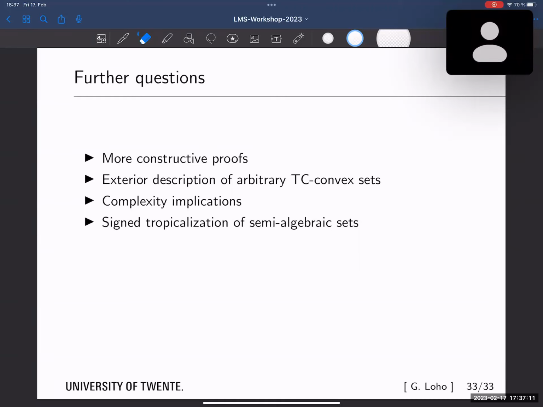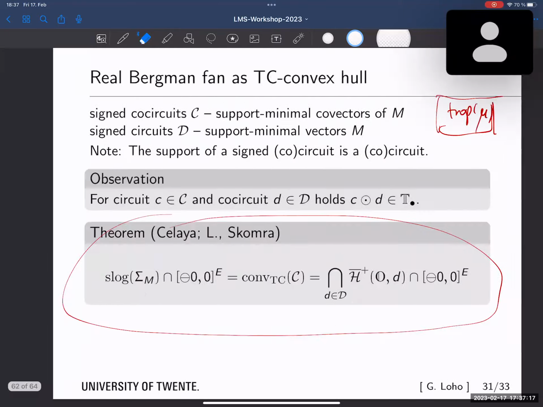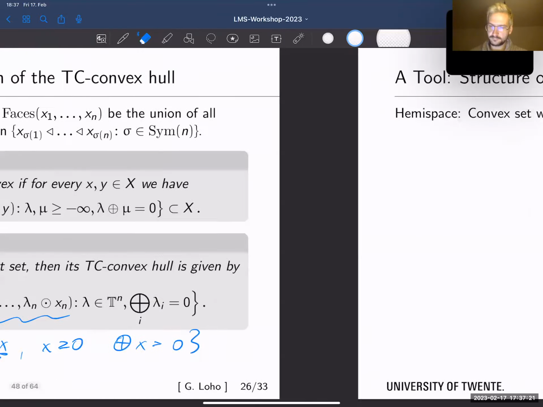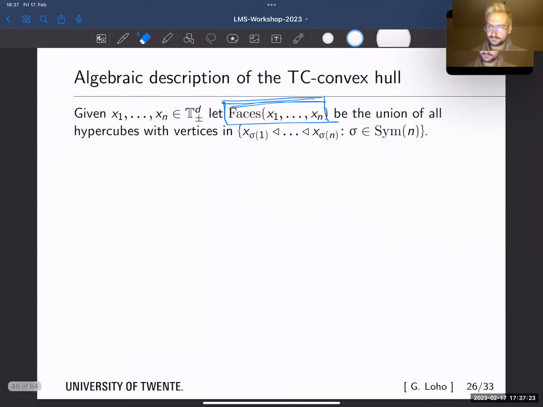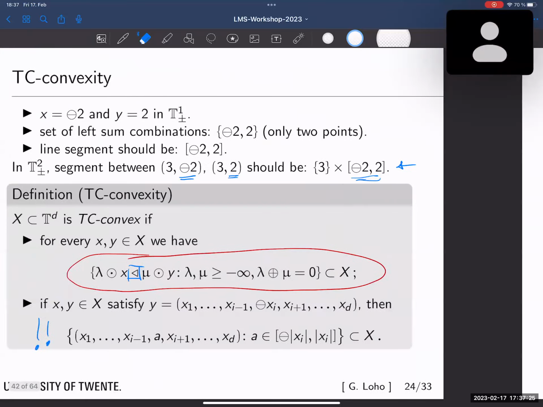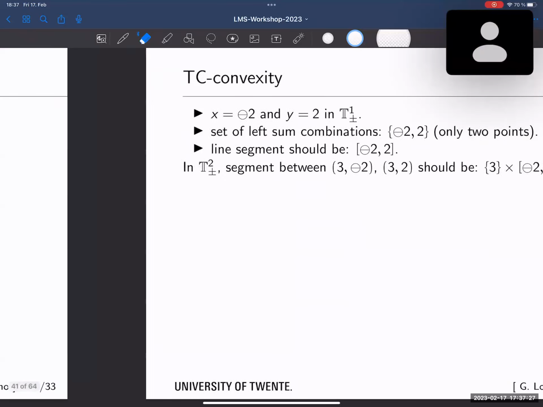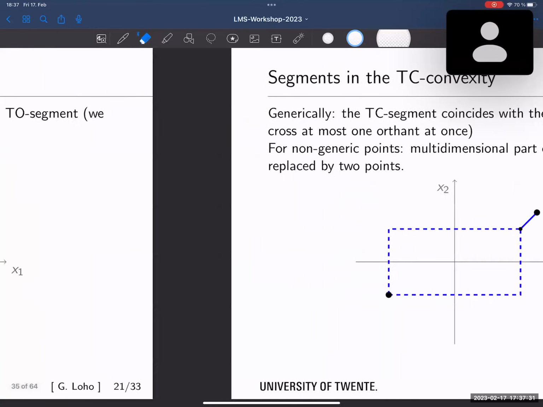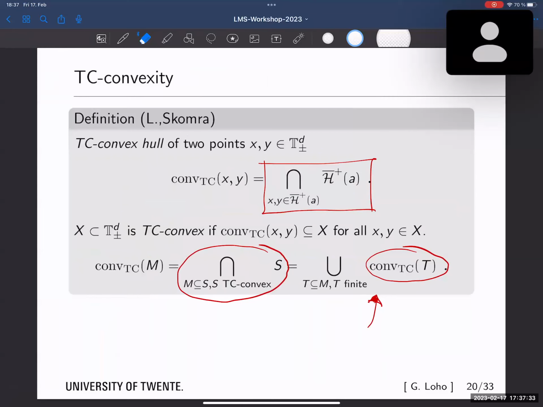When you define the TC convex hull of the points as the intersection of these positive closed half spaces, I was wondering if we need to take the signed valuation of the half space or not, because I think the definition on the slide was without, yes, here.